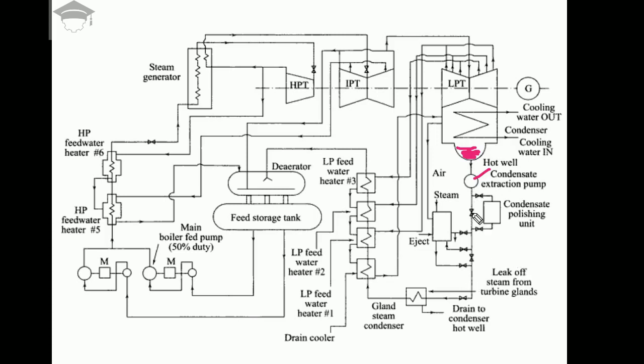Then the hot liquid moves further and mixes with a secondary steam. So this is a kind of mixing chamber in which we circulate some part of the liquid, and we pump steam as well as air also. So in this mixing chamber, we pump hot liquid water, air and steam.